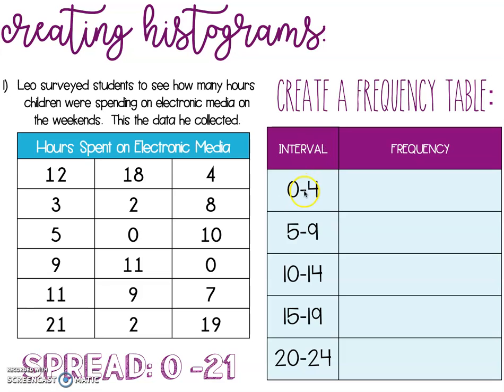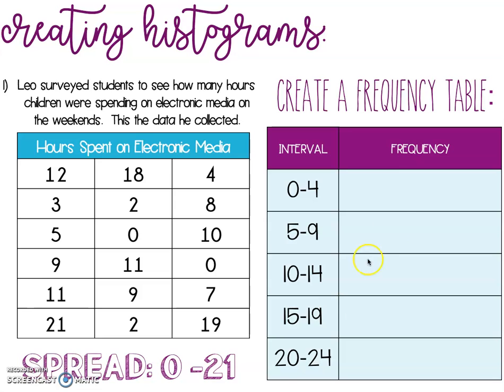Then our next interval would go to the very next number, 5, and if we count, we have 5, 6, 7, 8, and 9. That gives us a width of 5. Then we keep going. We have 10 to 14, 15 to 19, and 20 to 24.